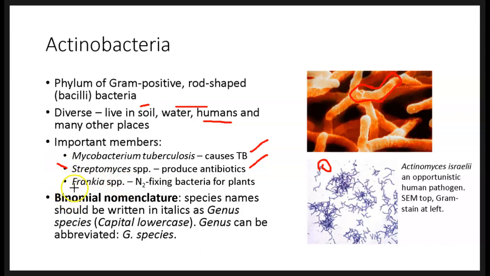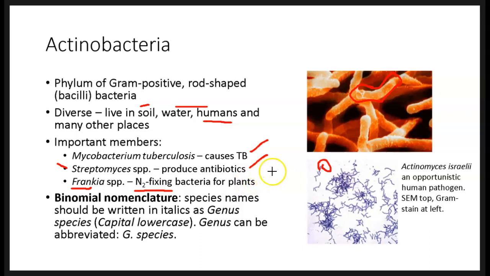Right. We also have bacteria that are important for the environment. We have Frankia species. Frankia is a genus of actinobacteria that are important in nitrogen fixing. Right? So we have nitrogen gas in the atmosphere, and nitrogen gas, though, is important. So nitrogen as an element is important for forming lots of the structures inside of organisms.